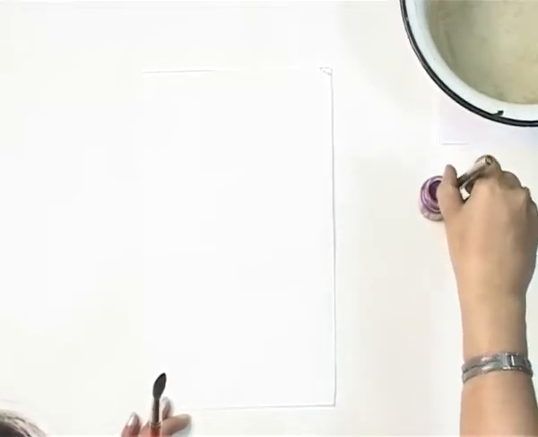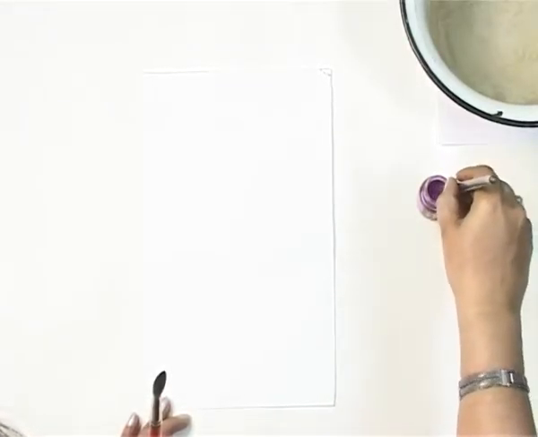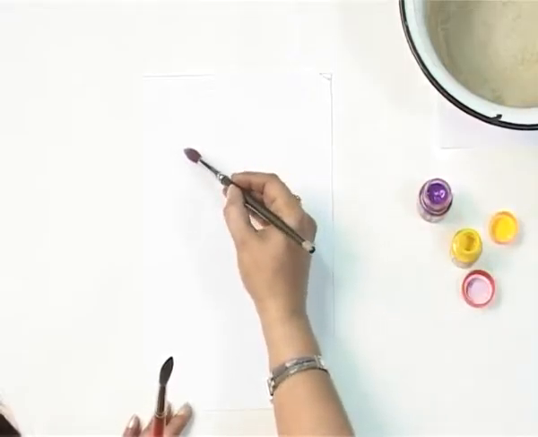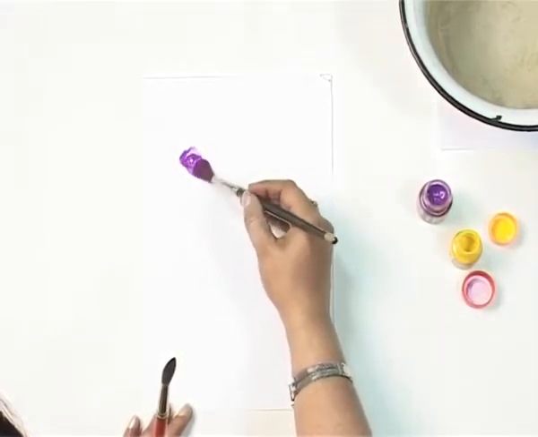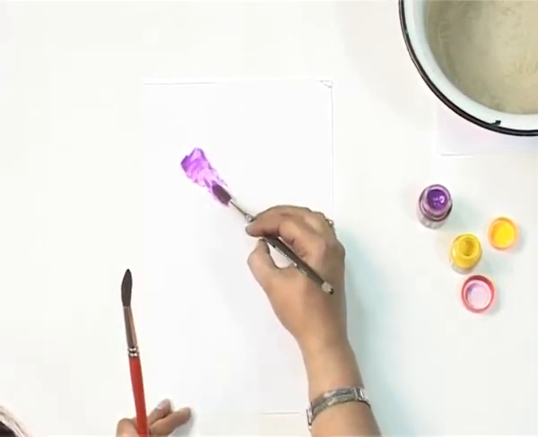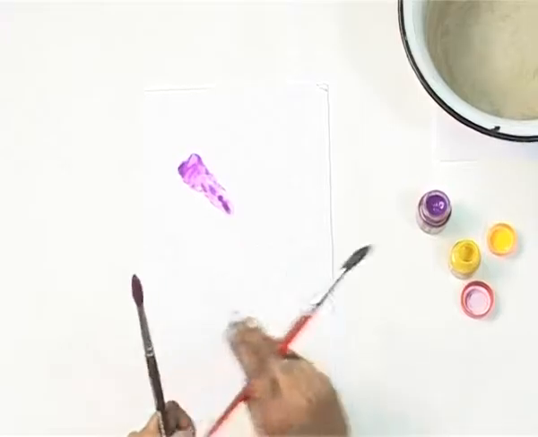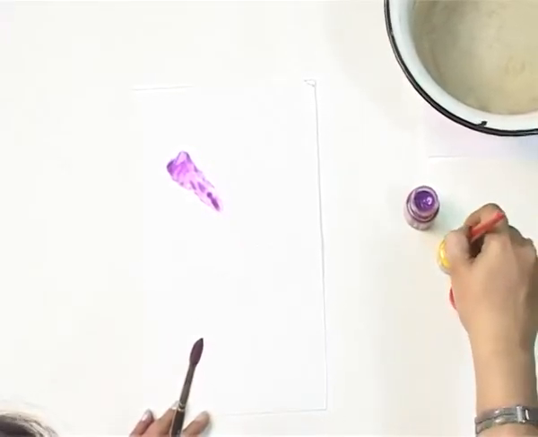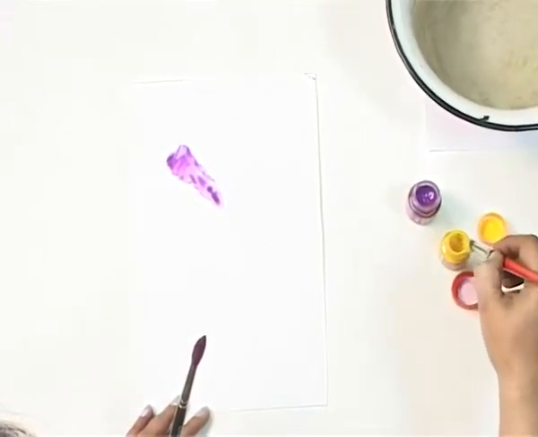Complementary hues. Hues situated opposite one another on the color wheel are termed complementary hues. Yellow and violet are complementary, as are red and green, blue and orange.